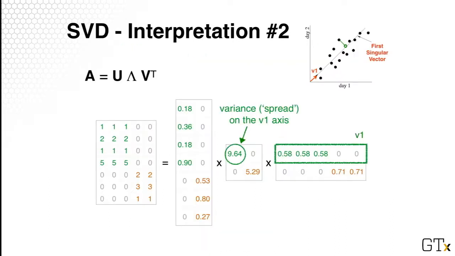The variance, or the spread, would be captured by the lambda matrix. Specifically, for v1, the first singular vector, it is captured by its concept strength, which is 9.64 in the lambda matrix.